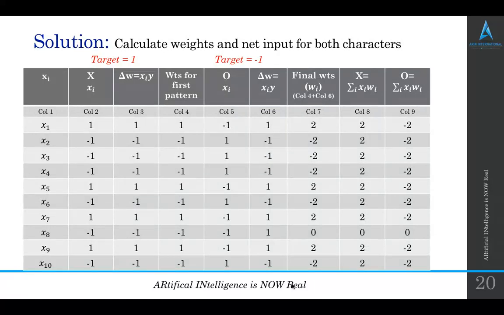Now we apply all inputs. Since the characters are 5 by 5, that is 25 in size, we have 25 inputs x1 to x25. We obtain the weight values. The calculation of all the weights is done here in detail.